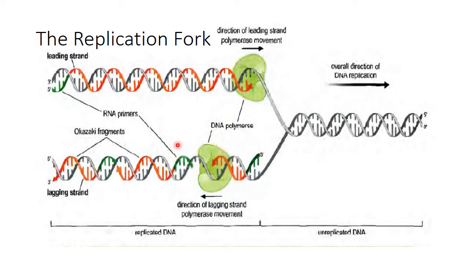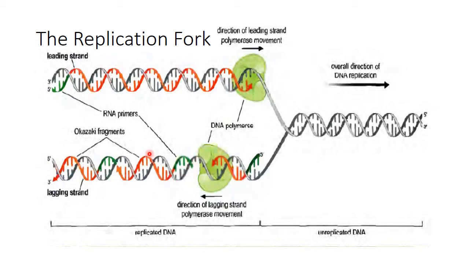So the direction is opposite to the direction of the replication machinery, and that creates a problem: the synthesis is not continuous because the direction is opposite to the direction of movement of the replication machinery. So this synthesis takes place in short fragments, and therefore it is called a lagging template.